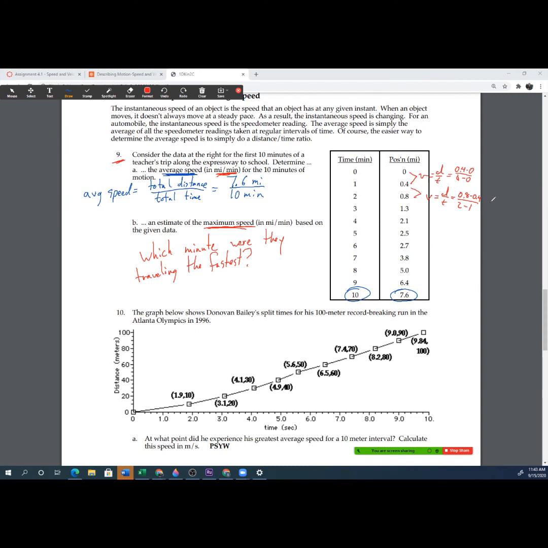You did not travel 0.8 in that minute. So you want to figure out minute by minute what those individual speeds were and figure out which one gives you the biggest number, and that will be the maximum speed. And you're going to give me an answer that would say, like, the maximum speed was from this minute to this minute. Does that make sense?